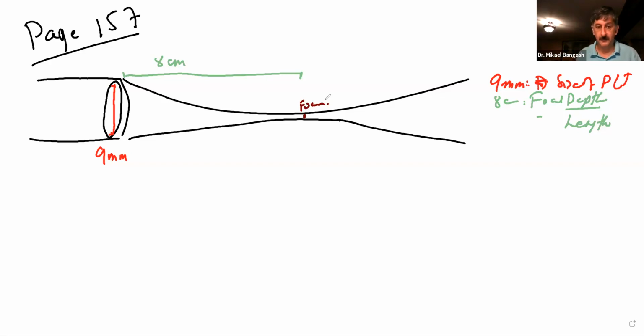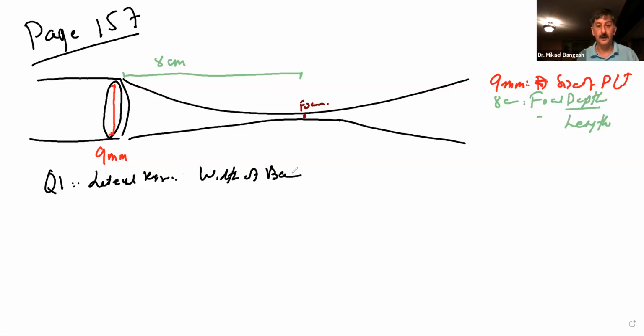Now, girls, you can see the first question is, what is the lateral resolution at a depth of 8 centimeters? So when we say lateral resolution, what that will mean is the width of the beam.